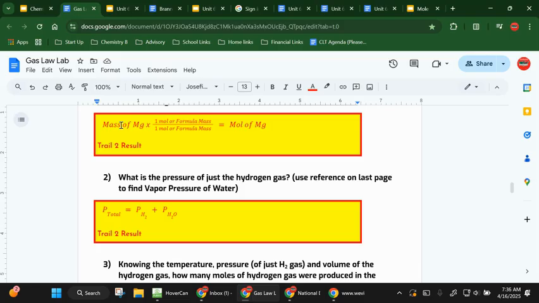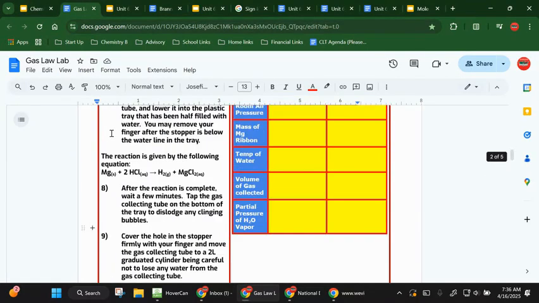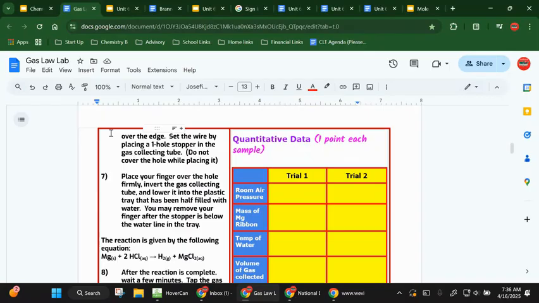Not a lot, but some. So this question is asking you to calculate just the pressure of the hydrogen gas. For our total pressure, we are using what was the room pressure yesterday. You have that number collected in your data table, the room air pressure. Okay? Now, how did we create the room air pressure inside this tube when it was like this? What did we do that made this equal to the room air pressure?